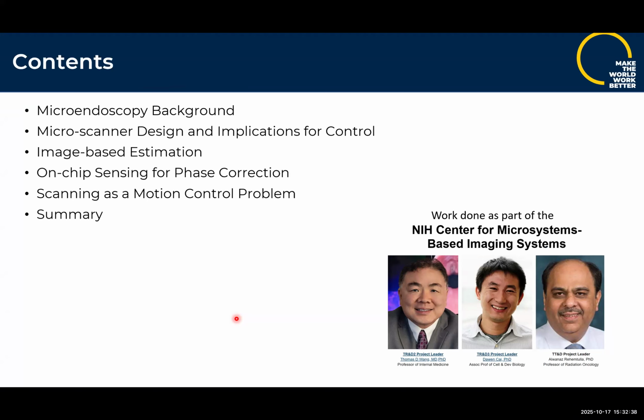This is just a partial list of the folks working on it with us, but in particular, the person on the left there is Thomas Wang from internal medicine and biomedical engineering and mechanical engineering, who I've been working with for a long time on these systems. And I'm going to spend some time introducing what this microendoscopy concept is, why it connects to microscale engineering, and then where control can come in or not to using these systems.